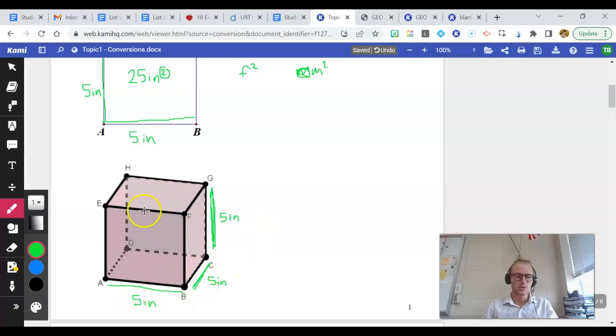Okay, so to find the volume, it'd be 5 times 5 times 5, which is 125. Inches times inches times inches is inches cubed. So that would be a form of volume.